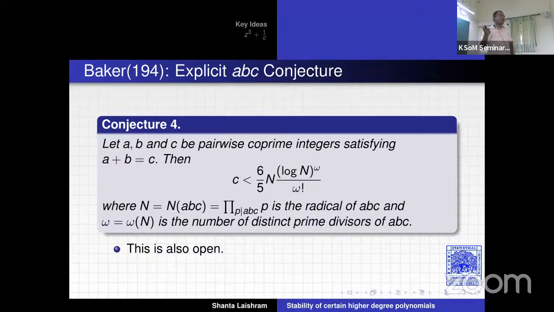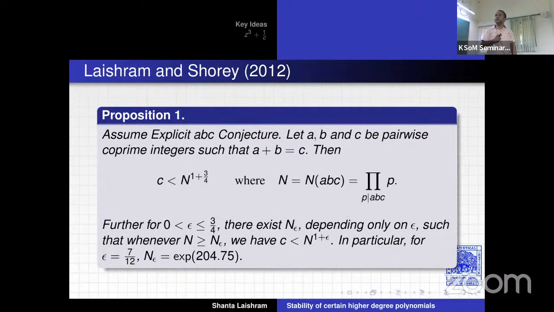So this is not really in the form of the original ABC conjecture, so we made it in the form of the original ABC conjecture. This was my joint work with James in 2012, where we showed that the explicit ABC conjecture is the same as showing that A plus B equals C, with radical n, implies C is less than n to the power 1 plus 3/4.